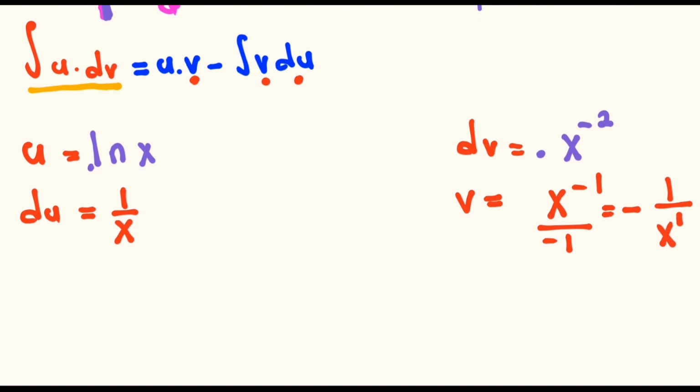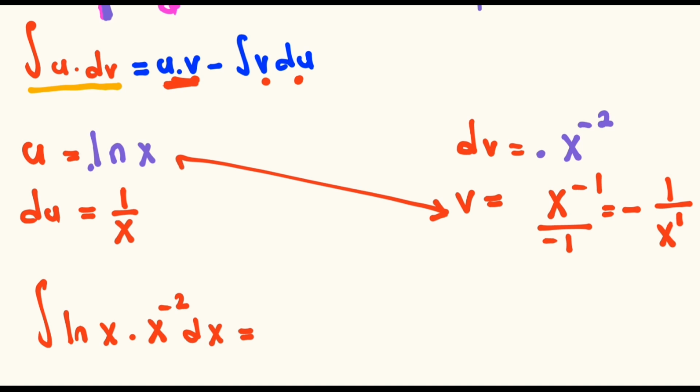For the integral of ln x multiplied by x raised to the power negative 2 dx, this will be equal to the u multiplied by v, and we have our u as the ln x, and the v is equal to the negative, so we push that negative and write it there, negative 1 over x, and minus the integral of the v multiplied by du.